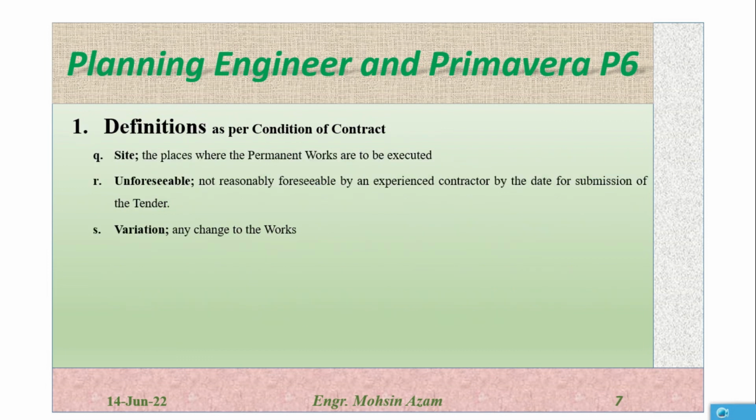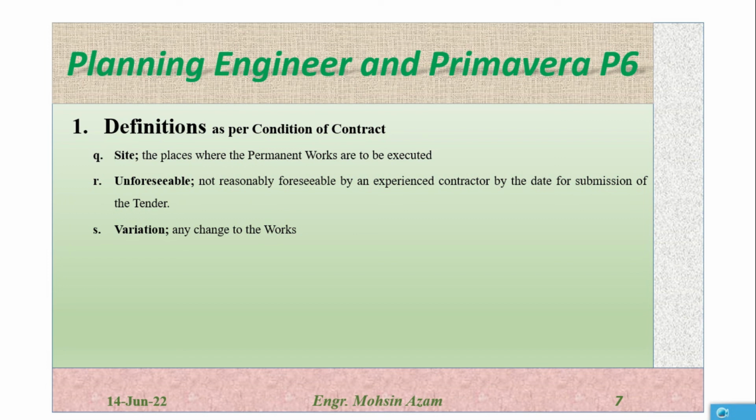Site, the place where the permanent works are to be executed. Site is the location where the permanent works are to be executed. Unforeseeable, not reasonably foreseeable by an experienced contractor by the date of submission of the tender.